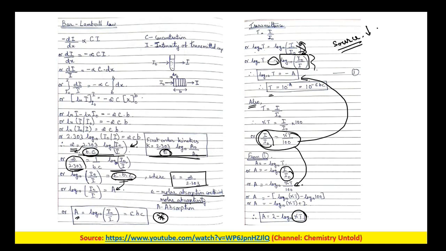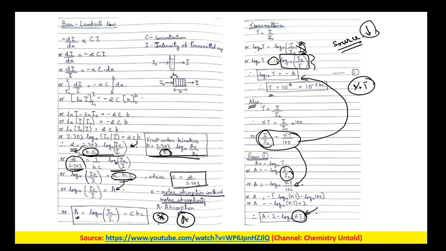And if there is any variation in the light intensity, percentage transmittance is a very good means to compare two sets of data. Preferred.